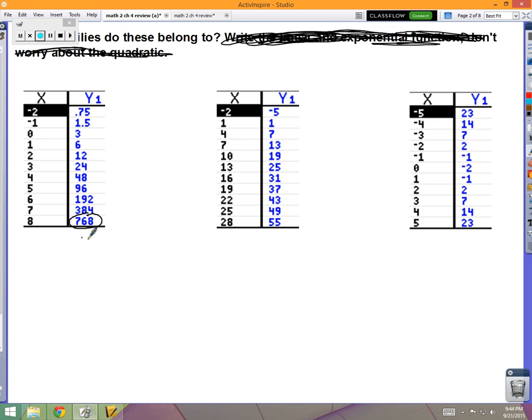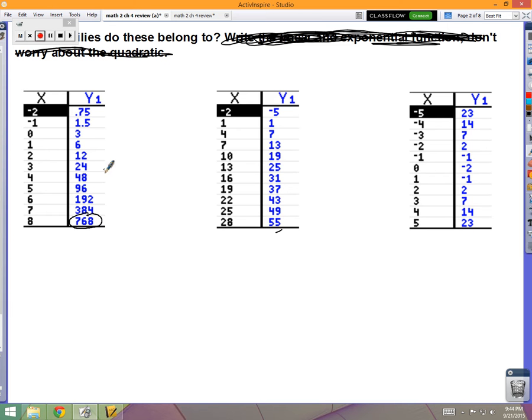My numbers are getting pretty big, so this is kind of a hint that this might be exponential. Over here, I go for a ways, I end up at 55. And then over here I end up at 23. So this one by far gets the biggest. So it's probably exponential.